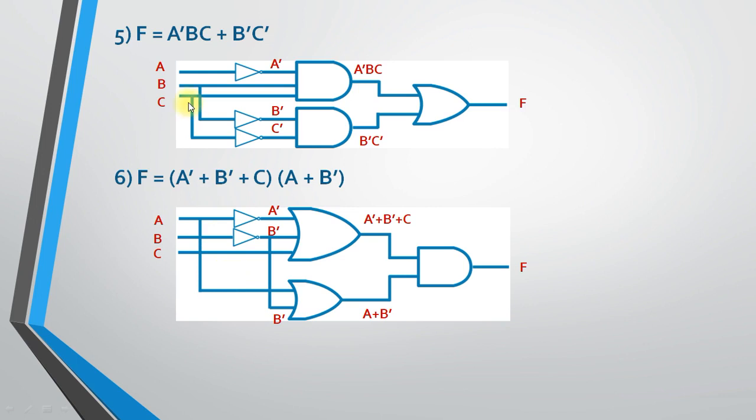Remember one thing, that if you take a cable from before the NOT gate, that means over here, at that time you compulsorily need to put a NOT gate over here, otherwise it will pass the value of B.